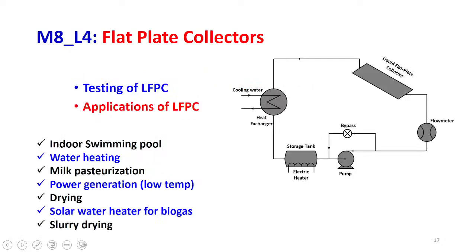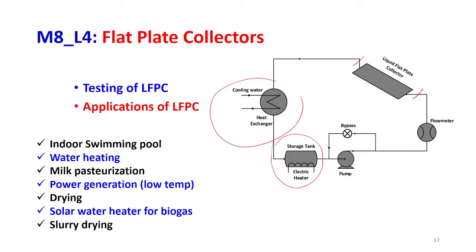In lecture 4 of module 8, primarily we have discussed the testing of the liquid flat plate collector and applications of the collector. Okay, so how can we test? If we have to test a newly purchased flat plate collector, then we need some kind of configuration. We have to install the system, then we need a flow meter, bypass valve, pump, storage tank, electric heater, and then some kind of conditioning of the fluid, right?